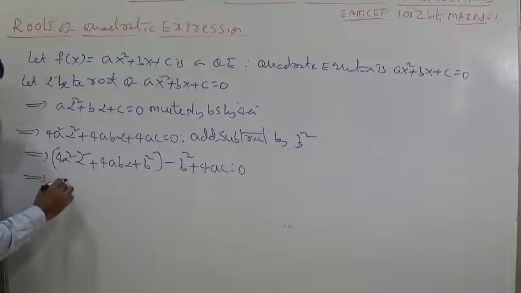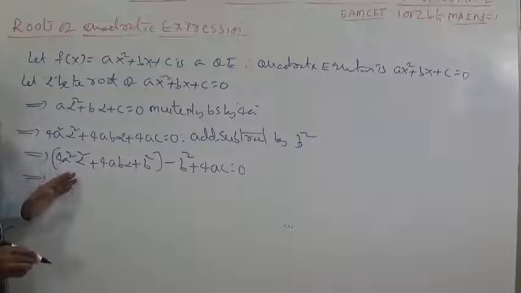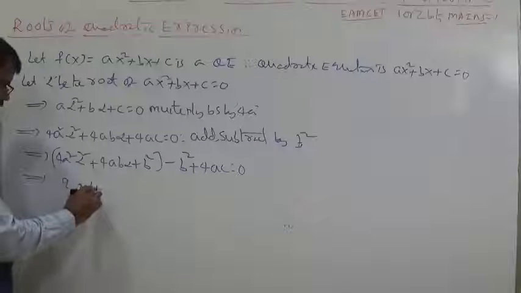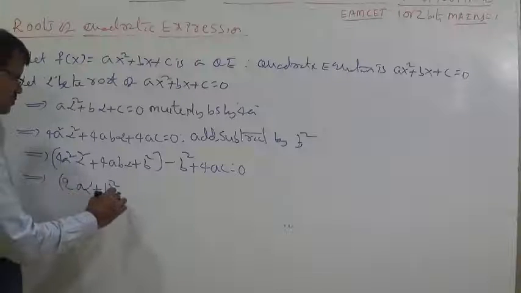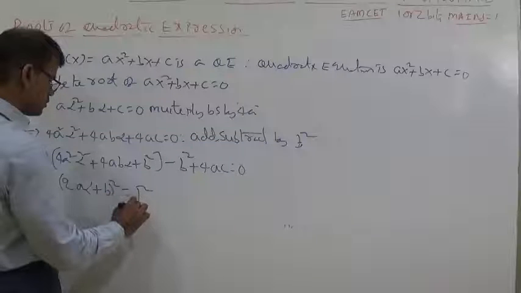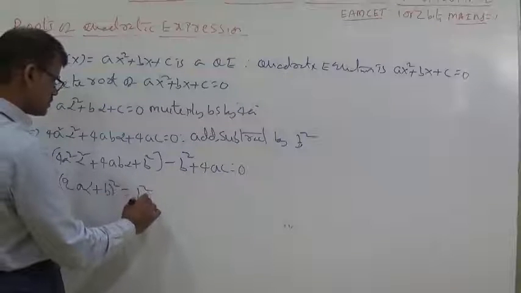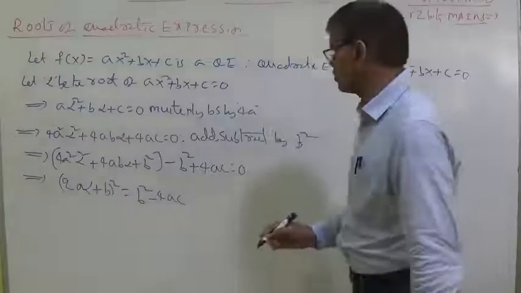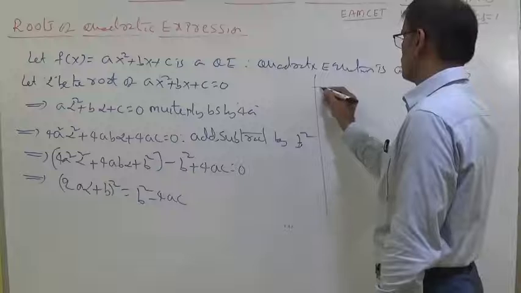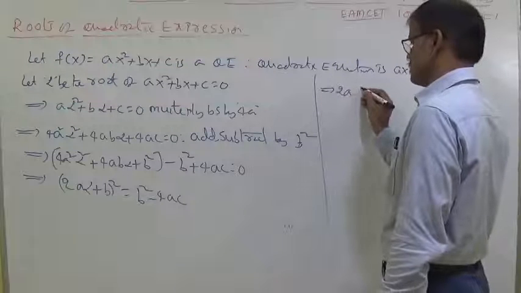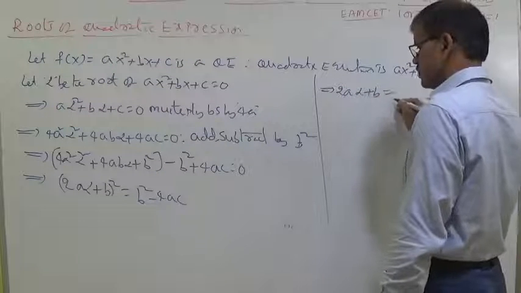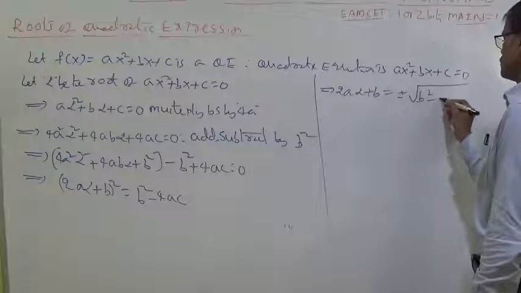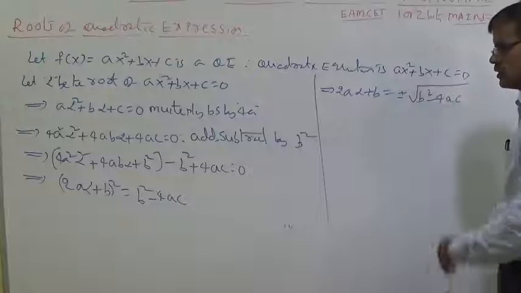That implies this is of the form a square plus 2ab plus b square. You can write here as 2a alpha plus b whole square is equal to, taking the right side, b square minus 4ac. Taking square root on both sides, it becomes plus or minus root of b square minus 4ac.